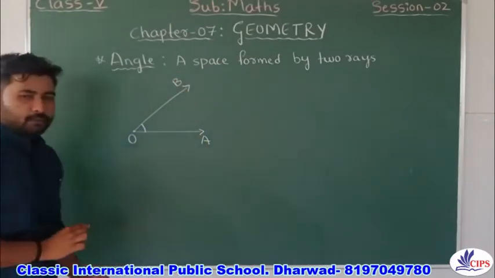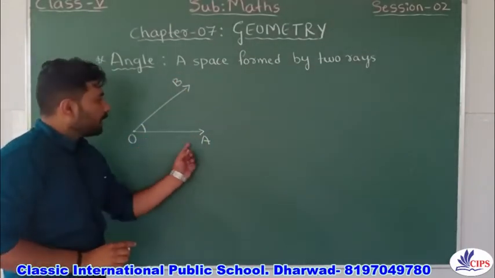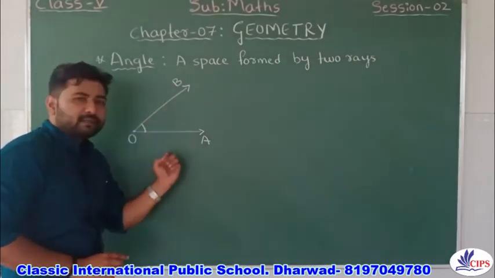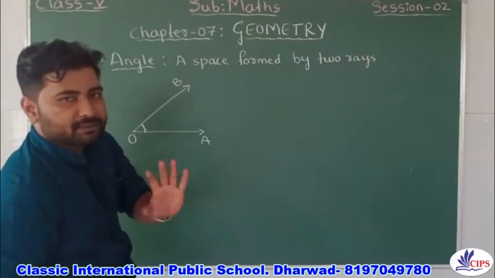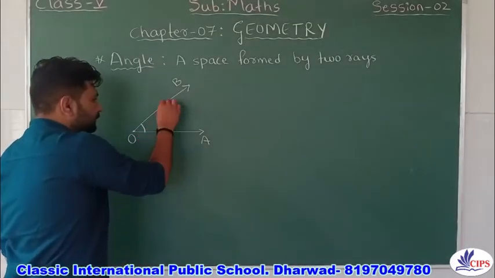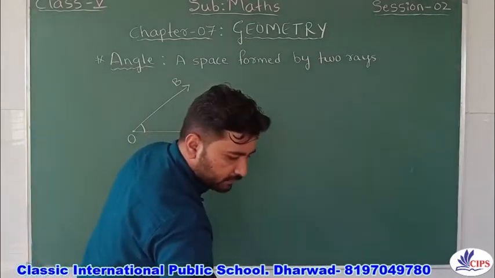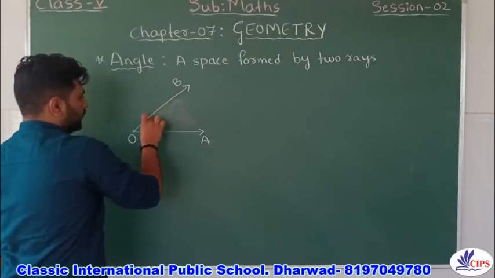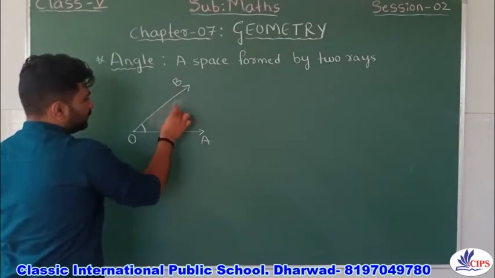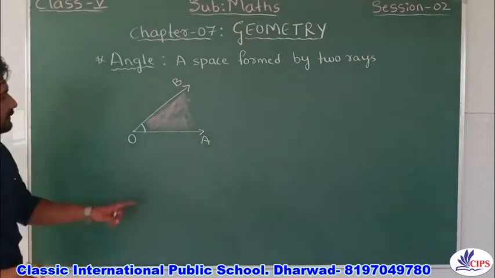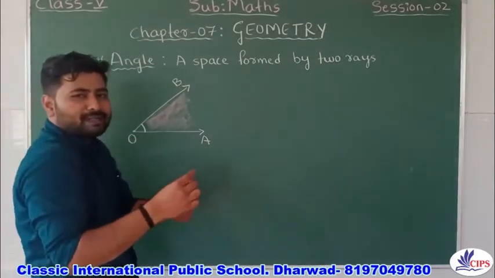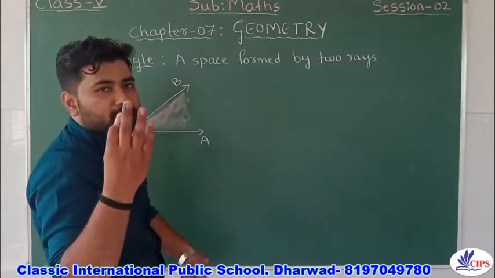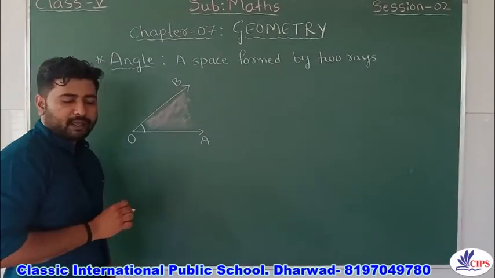If you observe, the rays OA and OB together form one space. You can observe this space, the overall space. Can you see this place? So this common space, a space between two rays, or a space formed by two rays, is called an angle.